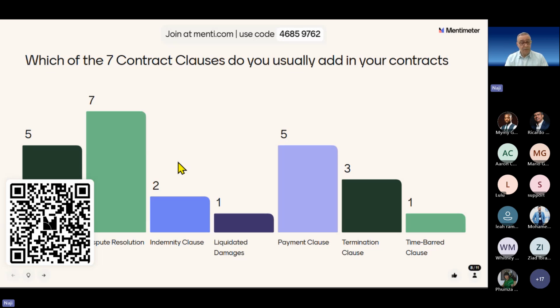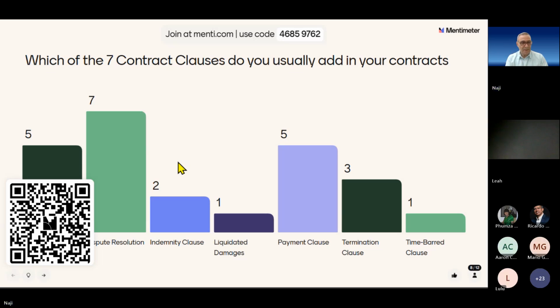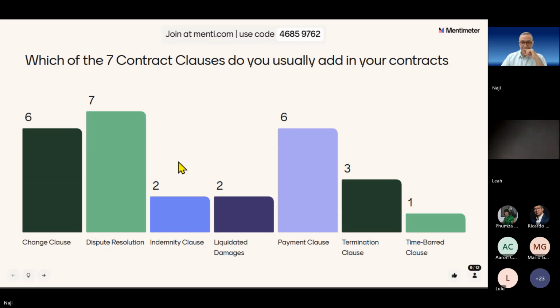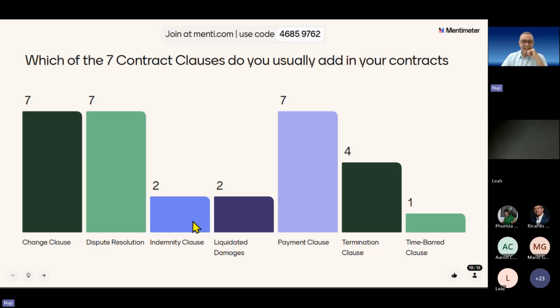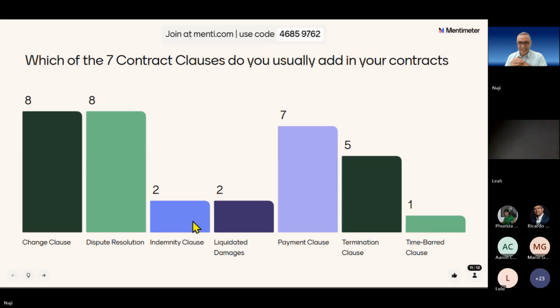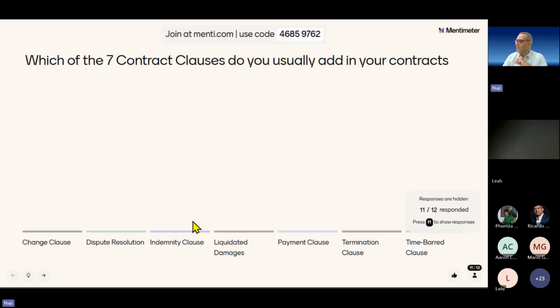I like it. Payment clause, definitely. Change clause. Indemnity and liquidated damages are not enough. Okay, let me hide them once more, so you don't get influenced by others.